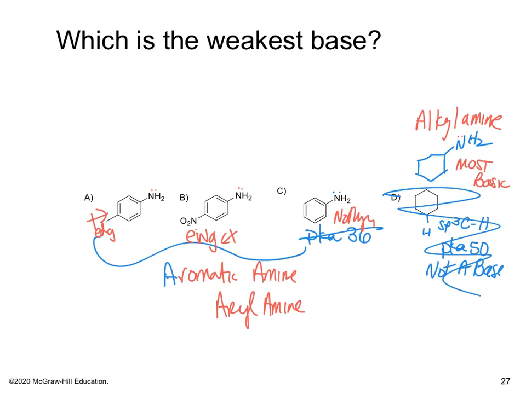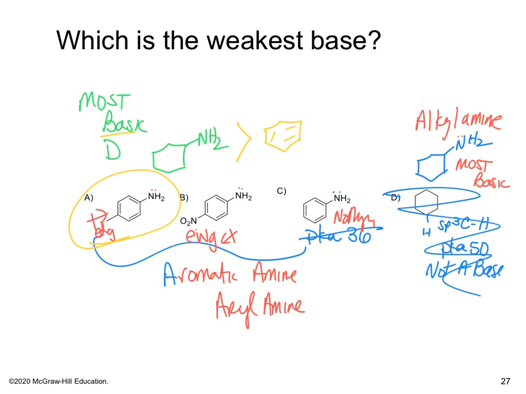So if you had to rank these, the most basic is D, which is the alkyl. Then the next most basic would be A, where you have the electron donating group.